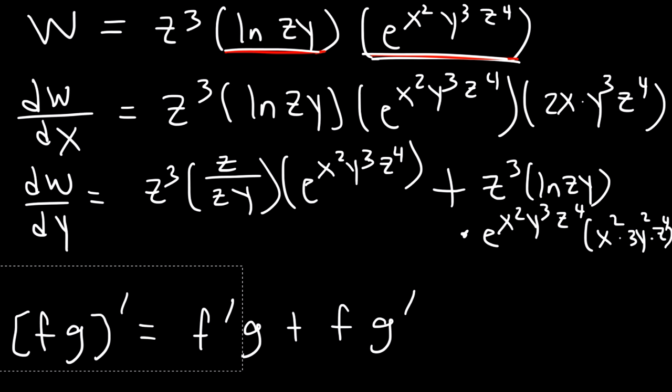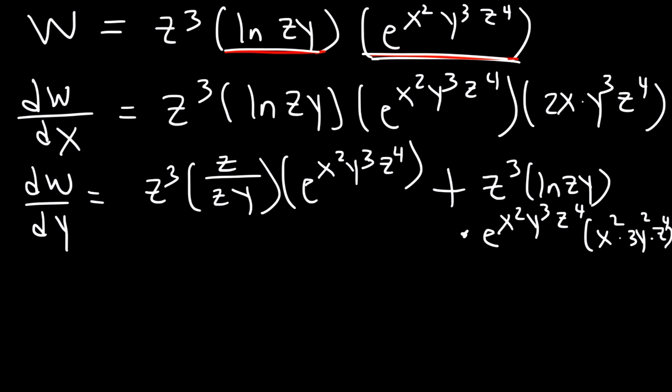So let me get rid of this formula, and let's simplify what we have. So we can cancel a z, and we can combine z to the third and z to the fourth.